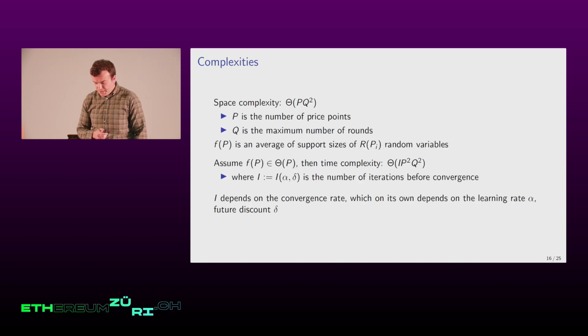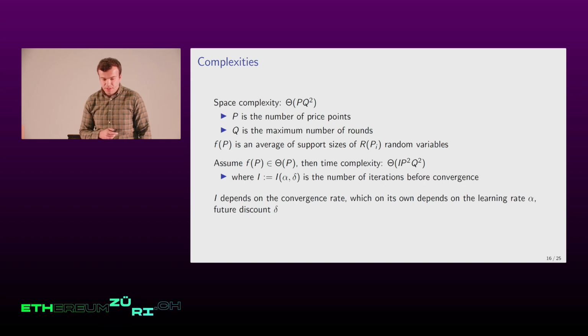Now the complexities, and how large values of price and the size of the queue we could try. So we discretized the price space, of course. We couldn't calculate on the continuum. And we assume that we cannot hold more than some upper bound on queue batches.